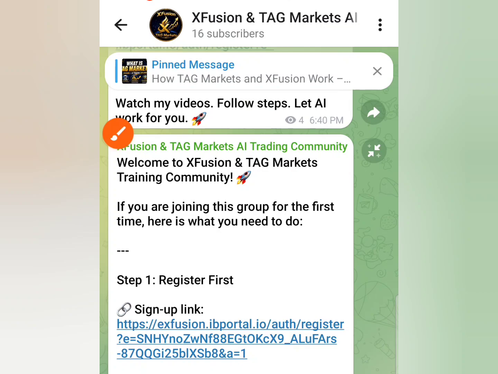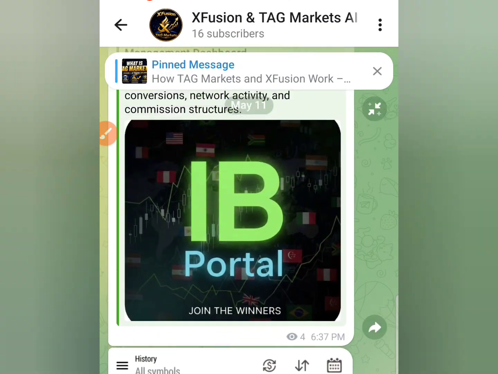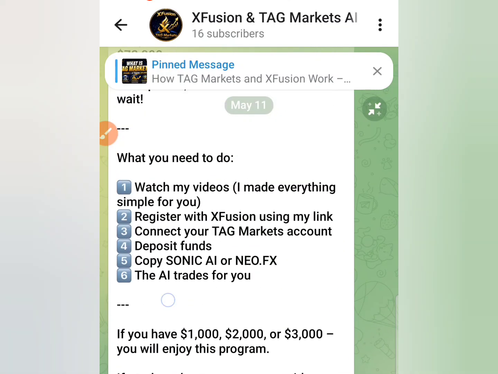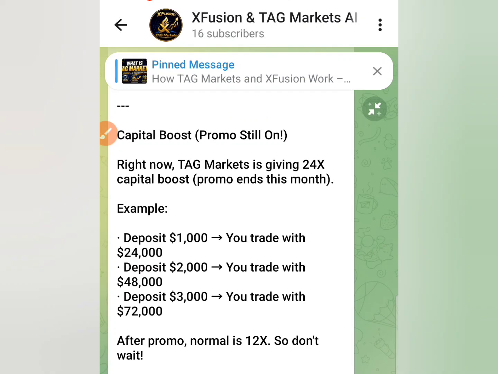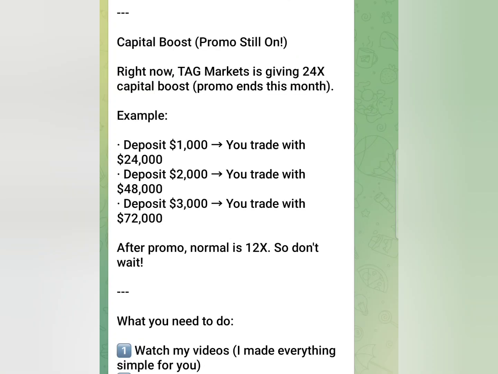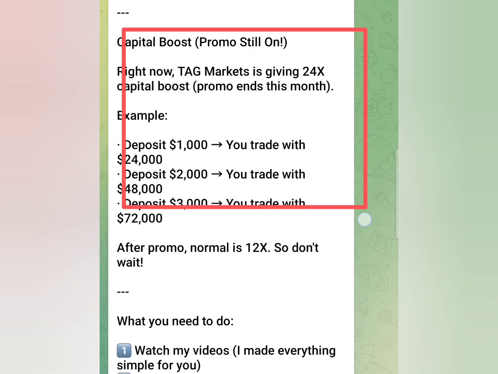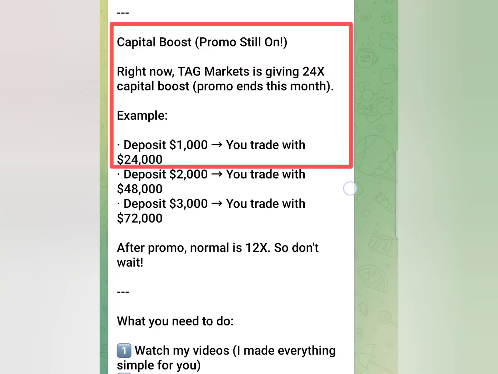This is what Tag Markets is doing. If you have a smaller capital, they can give you more leverage to boost your capital, either 12x or 24x. Right now they are running a promo, which means when you deposit funds to the broker, they give you 24x. These are samples you can see on my screen.